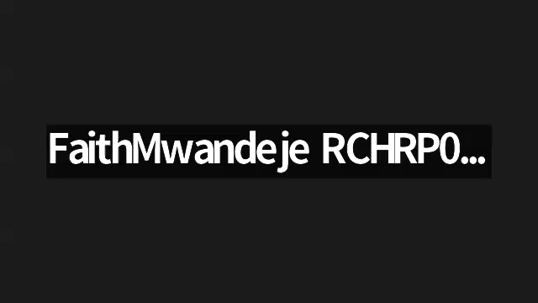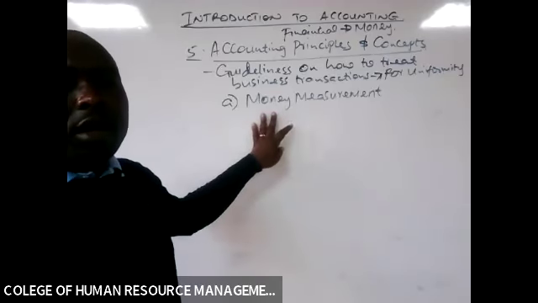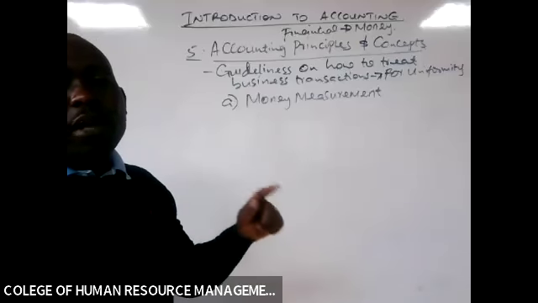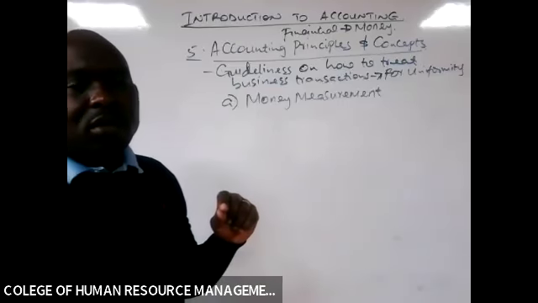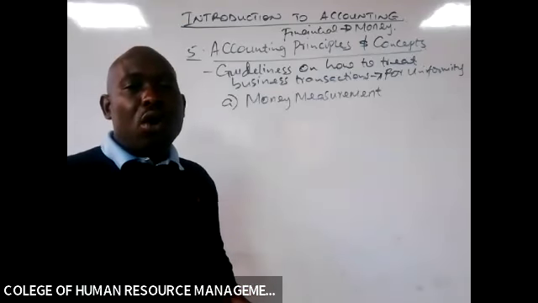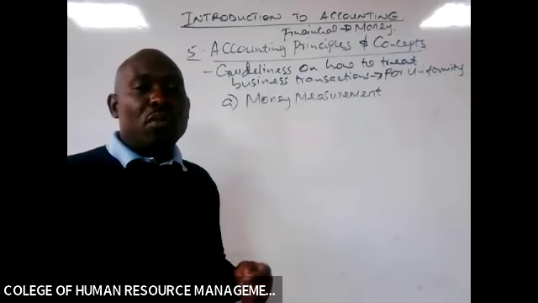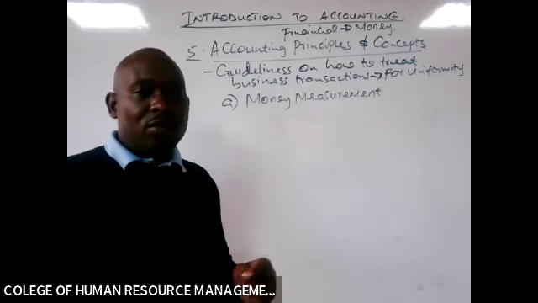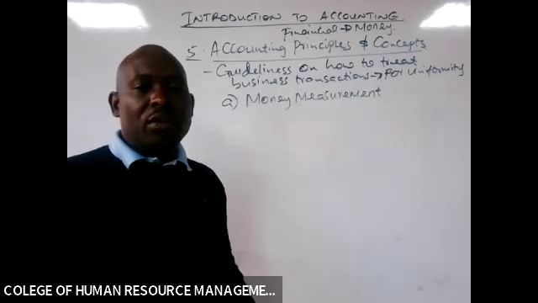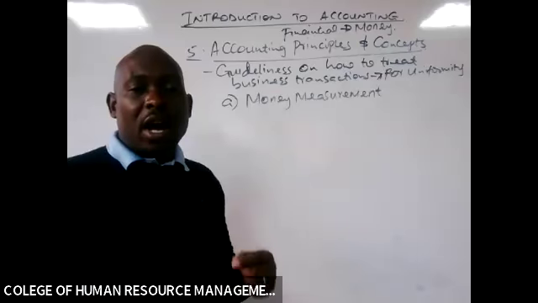So this principle guides that only those transactions which can be expressed in monetary terms should be recorded in the books of accounts. If they cannot be measured in monetary terms, then we should not record them, because they are not able to be measured financially.